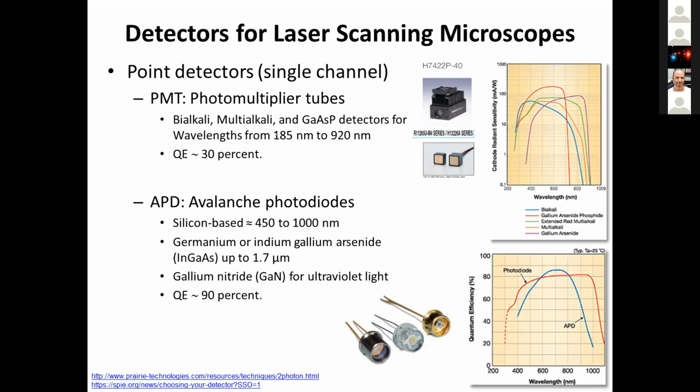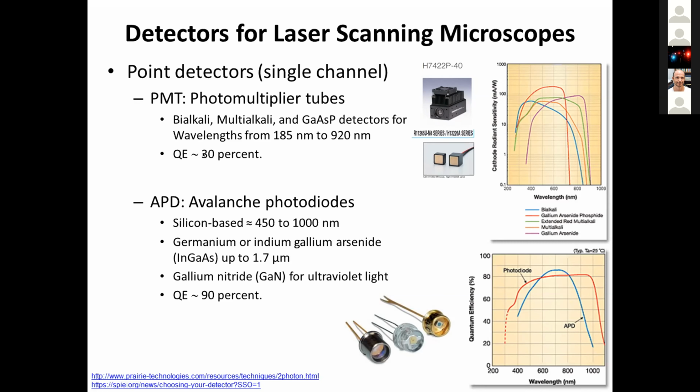The first one can be found with different coatings, like bialkali and multialkali, which are the old ones and the more common in all confocal microscopes. The new ones are the gallium arsenide photocathodes, which you may see are better in resolution. One of the important things is that usually all these detectors have really large areas, which makes it much easier to focus the light in the detection zone.